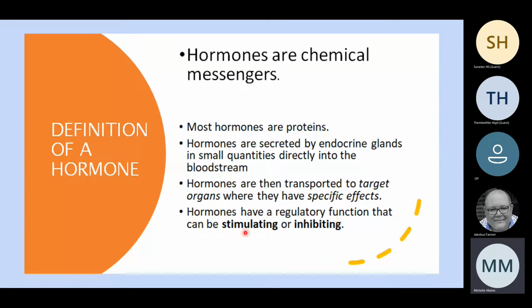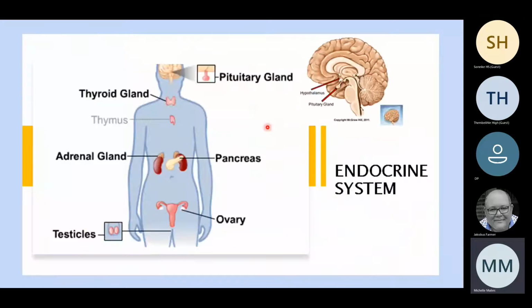They stimulate that something needs to happen, or they inhibit something needs to stop happening. Now, grade 12s, you should know the location of endocrine glands and the specific hormones that they secrete.